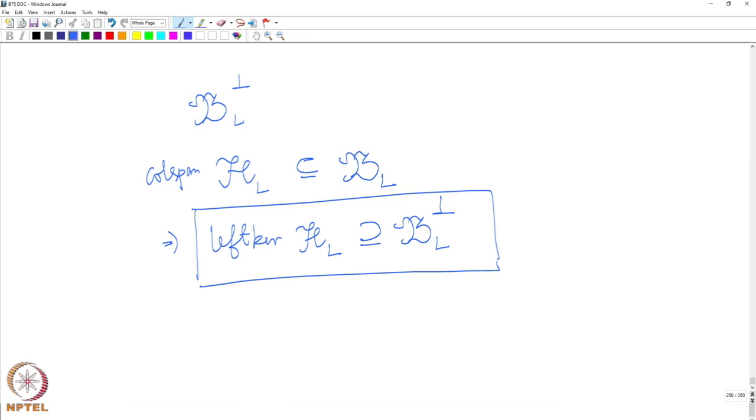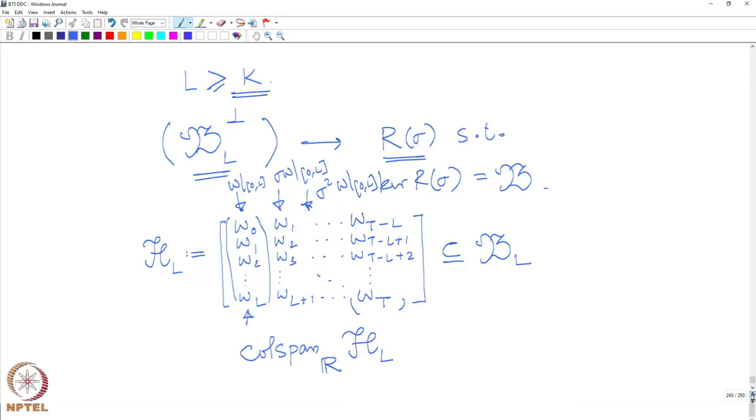But my goal was to obtain the actual behavior. When will that happen? Obviously, if instead I have these two equal, in that case this will also be equal, and I am done. The left kernel of HL will allow me to identify the entire behavior B. From the finite time series data, I will still be able to identify the whole system.